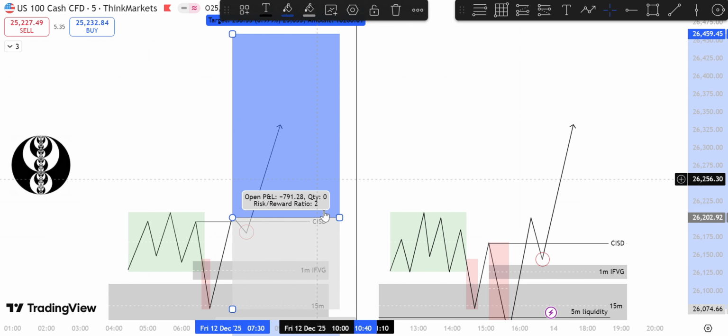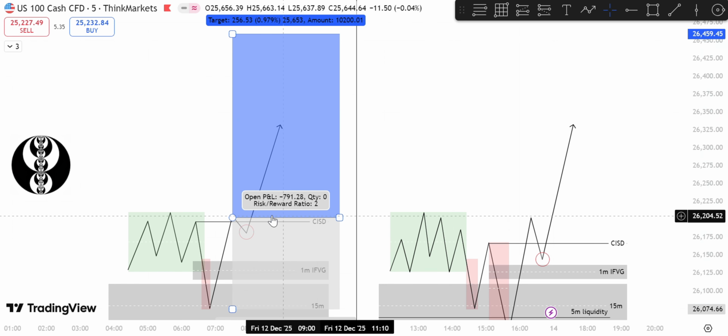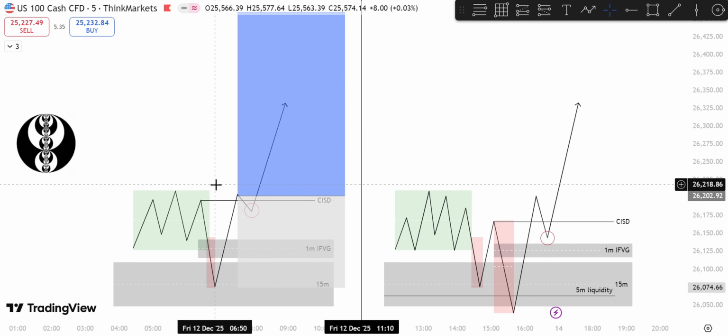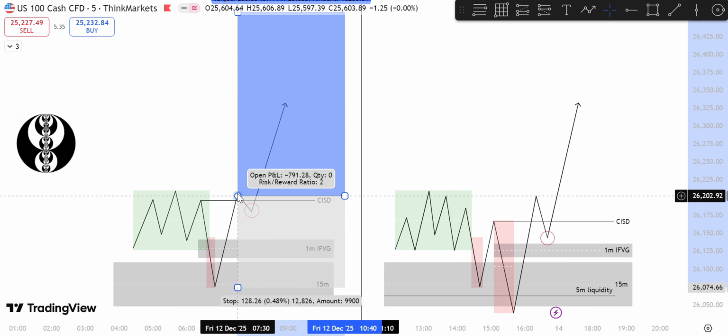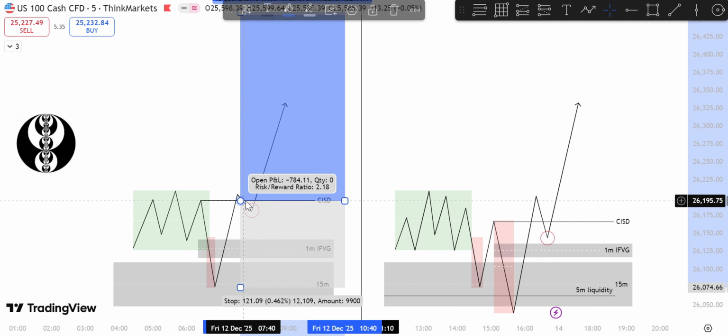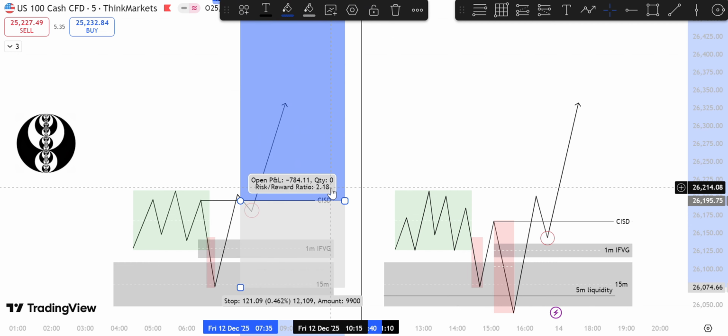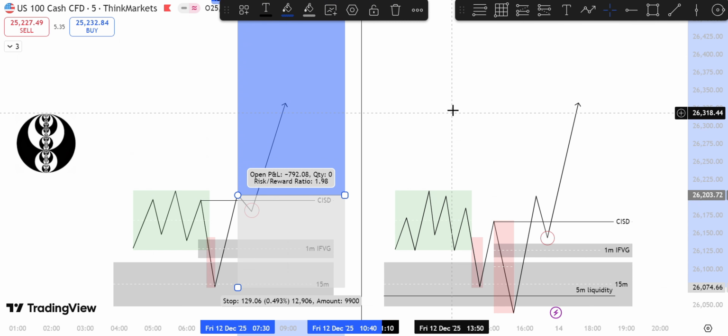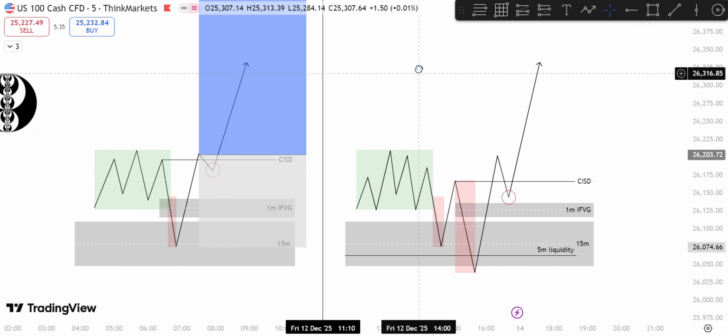So as you can see right here, if I enter aggressive from this example, it's going to be a 2 to 1 risk to reward ratio. Now, if I set limits, it's going to be 2.18 to 1 risk to reward ratio. Therefore, I'm only making not that much more money. So I just prefer to enter aggressive, because I just like to be an aggressive player, as I mentioned.